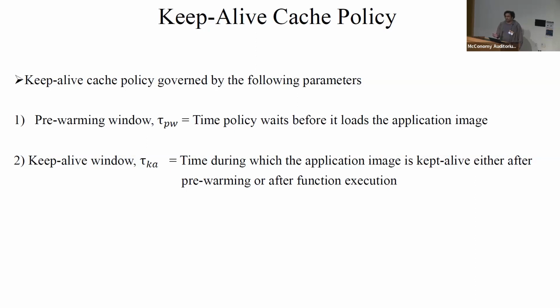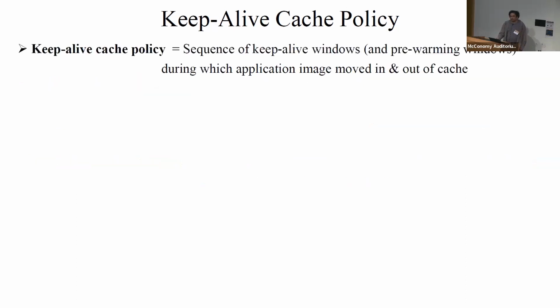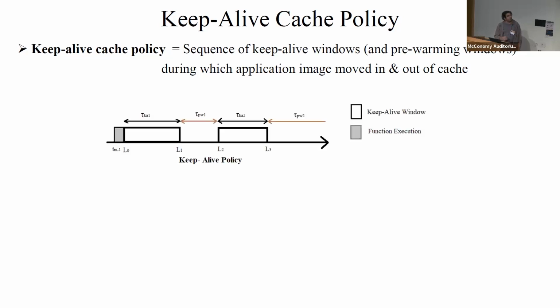So this Keep Alive window is active either after the pre-warming window or immediately after the function execution. So a definition of a Keep Alive cache policy is a sequence of Keep Alive windows during which you move an object, or say an application image, in and out of the cache. And here is a diagram illustrating a Keep Alive cache policy.